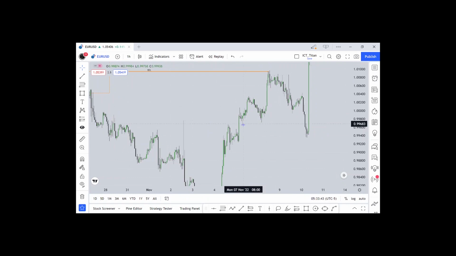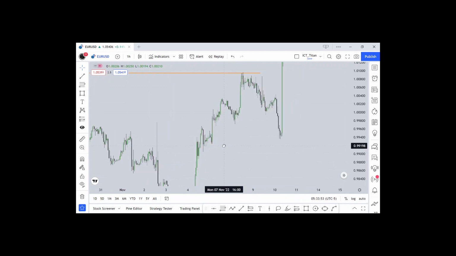The market goes and creates liquidity before rallying down. Trade into there. Let me highlight it. The bullish order block here.